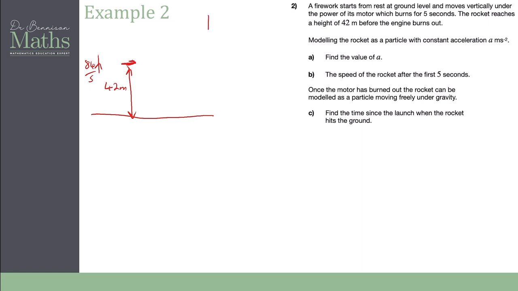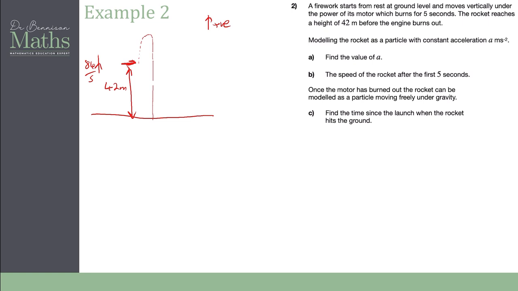Assuming upwards is positive, then actually the acceleration is the force of gravity acting down. So this particle essentially moves up for a bit, reaches a highest point, and then comes back down and hits the ground. And it does all of that under the motion of gravity.